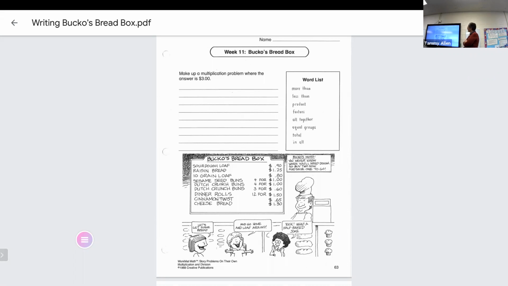On this one, we're making up a multiplication problem where the answer is 3. We're looking at the information on the signage down here. We're trying to come up with a multiplication problem where the answer is 3.